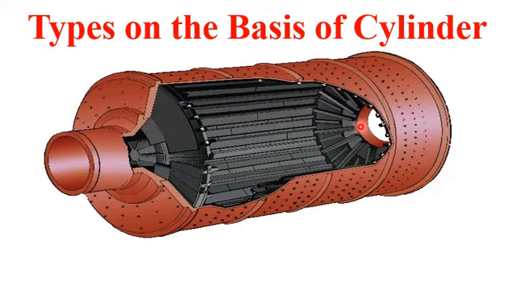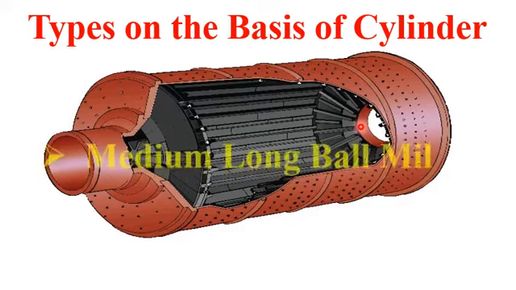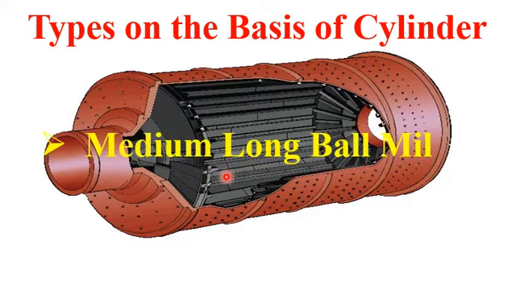Another type of the ball mill apparatus is known as medium long ball mill apparatus. The medium long ball mill apparatus has a length slightly more than the 2d of the ball mill.